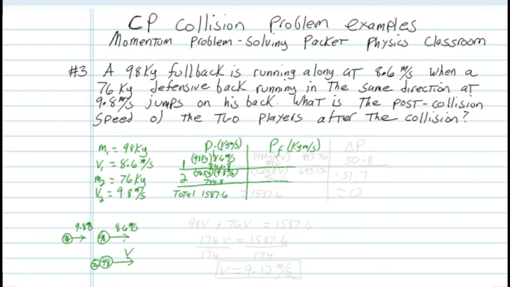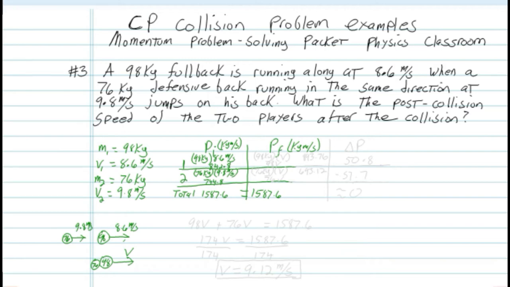Okay, now after the collision, I know the total momentum has to be the same, so we have 1587.6. This is equal. Now, each person is moving at the same speed because they're stuck together. One's on the other person's back.